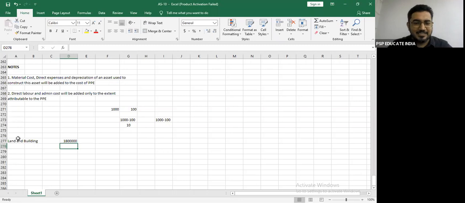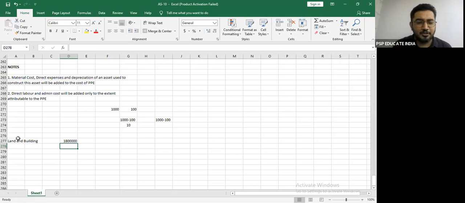Accounting standard 10 says that this is really not the correct way to do it. The correct method is that you break the entire property, plant and equipment into various small components and find those components' useful life.